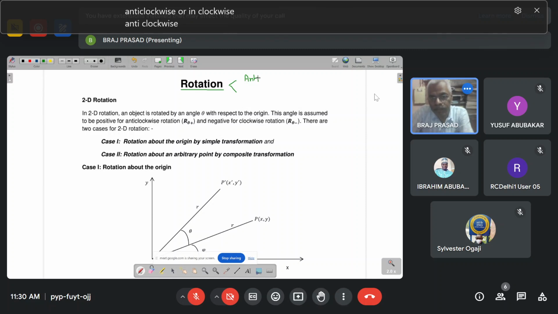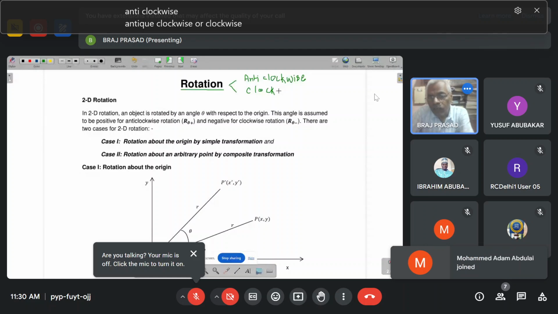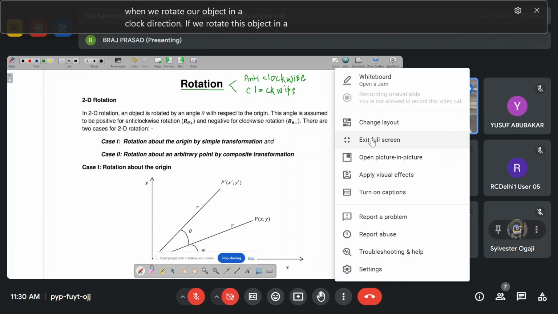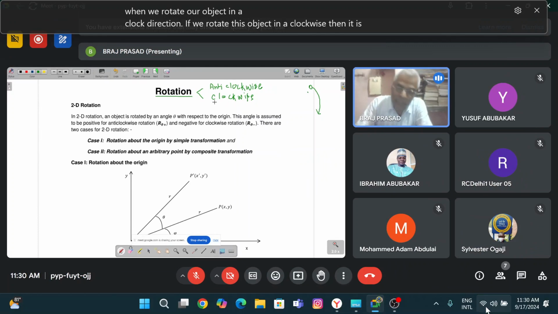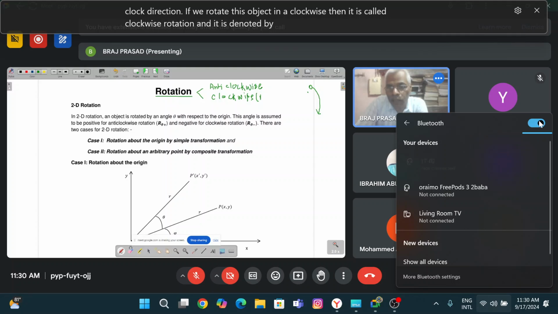When we rotate our object in a clockwise direction, it is called clockwise rotation, and it is denoted by R theta minus.